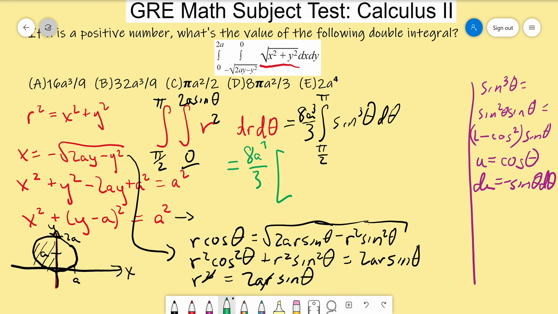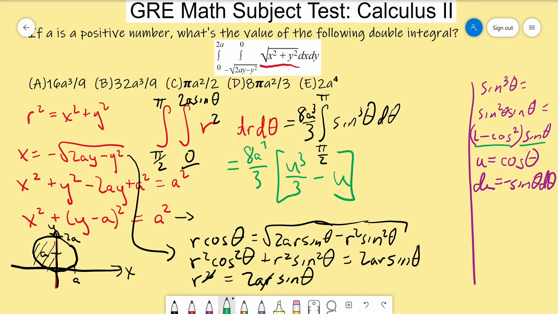So this sine is going to cancel out, and we're going to have a negative, so it's going to give us u squared minus 1, which we have to integrate. So that's actually going to be u cubed over 3 minus u. And now let's change our limits of integration from theta to u.